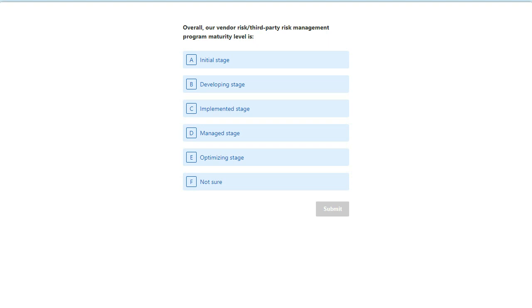Oh, that's a great question because a lot of vendor risk management programs don't have their own individual risk appetite statement. So the first thing you should do is work with your risk committee or your enterprise risk management team, whoever is responsible for your organizational risk.